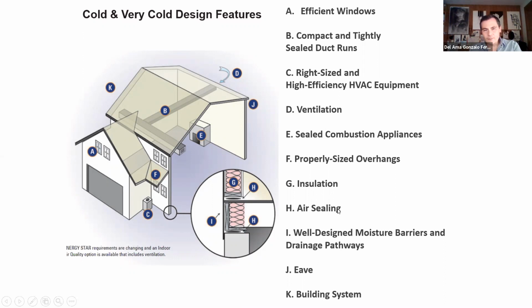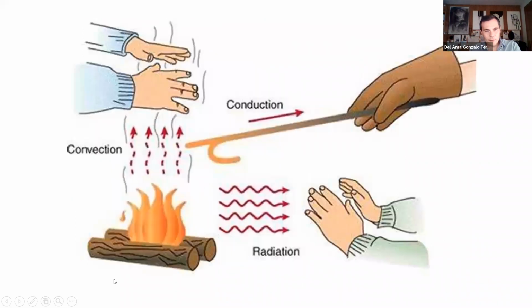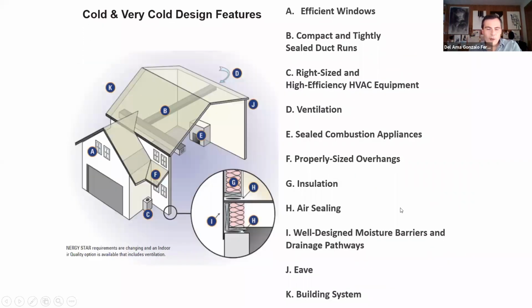We need air sealing. Not only in ducts or in fireplaces or whatever, we need air sealing when we have corners, and the connection between the roof and the wall. This is very important because we have to prevent leaks from happening.